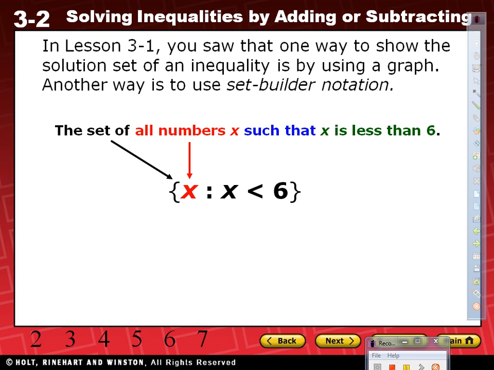Such that, you're going to point a blue arrow from such that to the colon and overlay the colon in blue. And then the last part, x is less than 6, point a green arrow to the last part of the solution set, x less than 6, and overlay it with green.